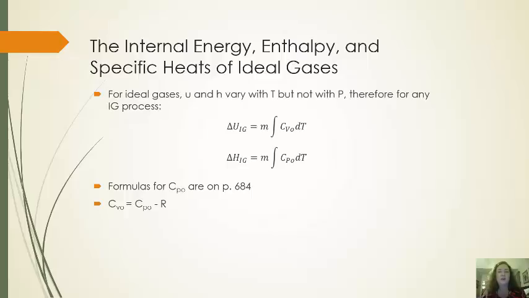Okay, if I want the total, I multiply by mass. If I want the specific U, I'm going to just leave it Cv dT. Same thing for the enthalpy. Since it only changes with temperature, not with pressure, I only have to integrate this one piece. I don't need to do any further calculations.